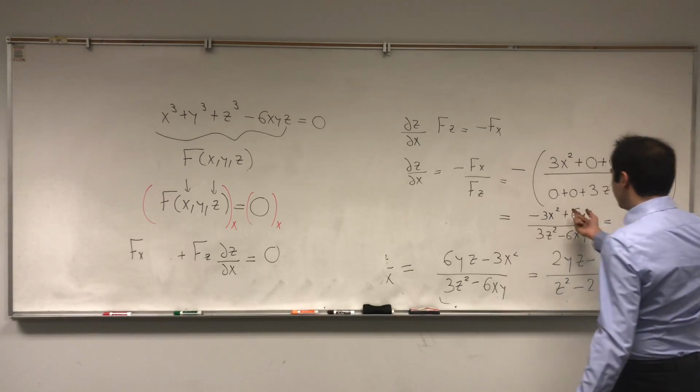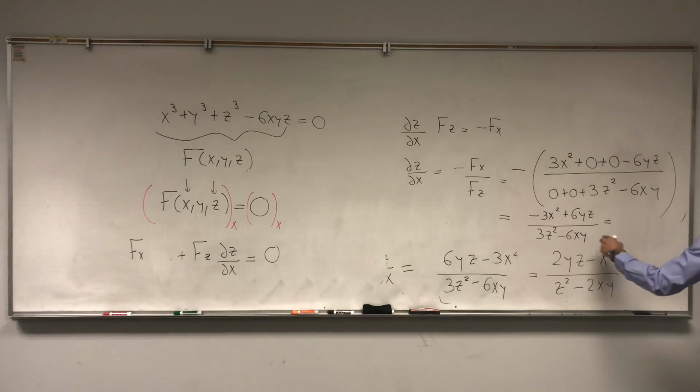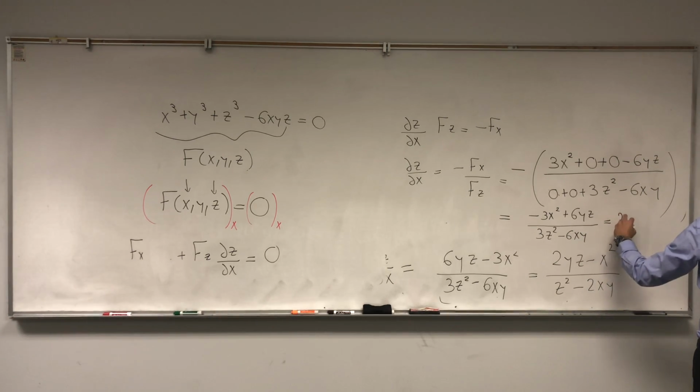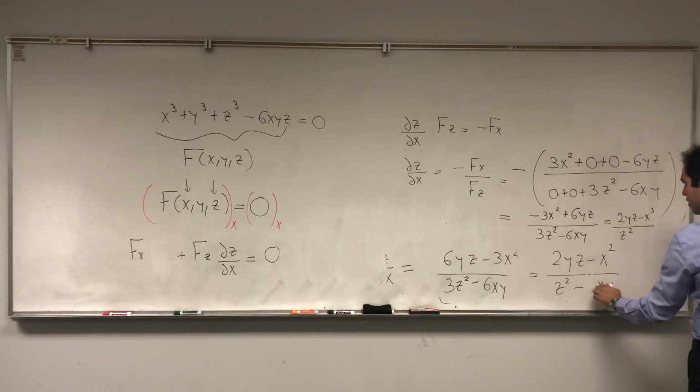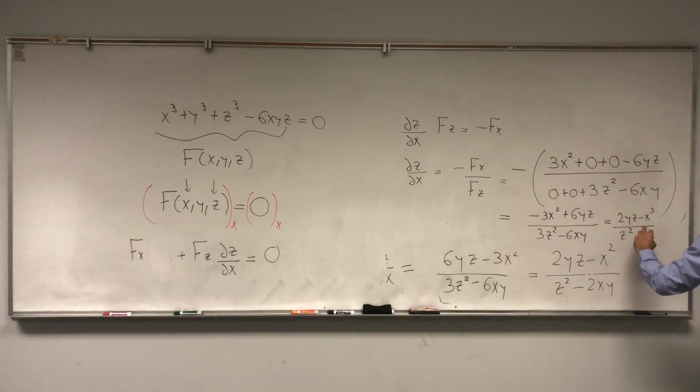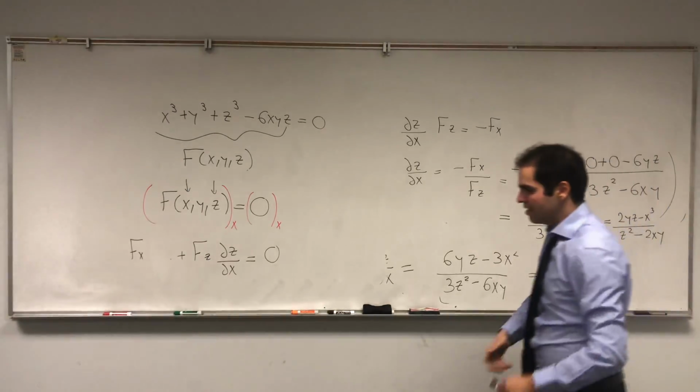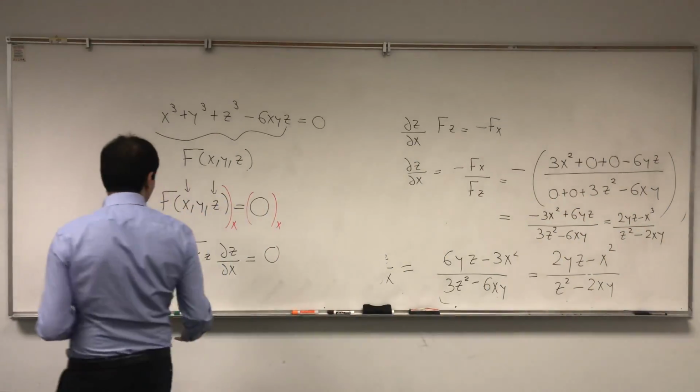You can just divide by 3, and in the end you get the same expression: 2yz minus x squared over z squared minus 2xy. Yeah, that's correct. Okay, and that's one thing.